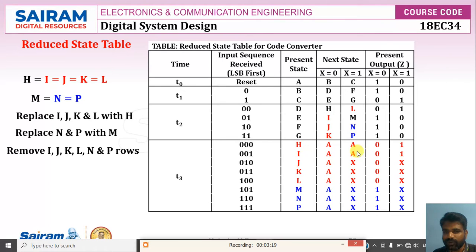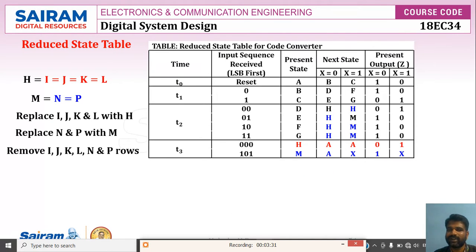We decided to keep H, remove the I, J, K, L rows, and we decided to keep the M row and remove the N and P rows. When you remove those and the replacement happens, this is what the table looks like. Correct? So here H is replaced and M is replaced, and we kept H and M. Clear now? After this, again observe the table.